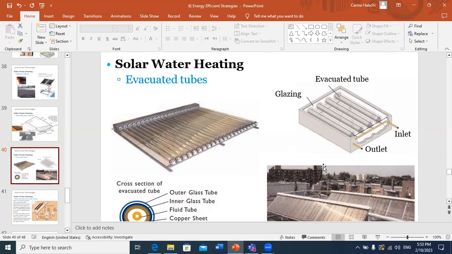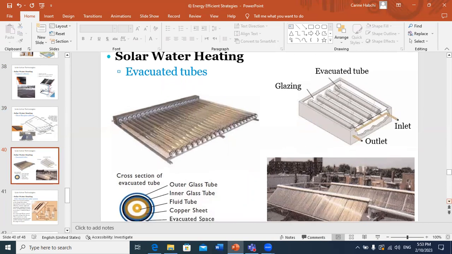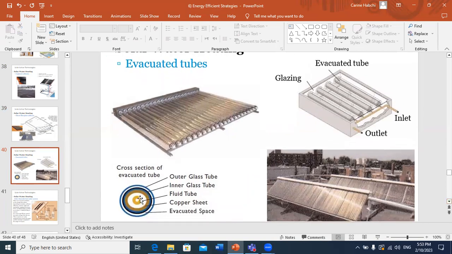So the concept of the evacuated tube is that it will consist of several concentric tubes, and this will allow trapping the solar energy in a much more efficient way, because you have an outer glass and an inner glass tube, and this will lead to a trap of the solar energy, and this will increase the proportion that can be transmitted to the fluid going through the evacuated tube. And of course, the concept of a circulating fluid is similar to the one for the glazed solar collector. So you have a fluid that is circulating within the tubes and will be heated as it passes through the system.